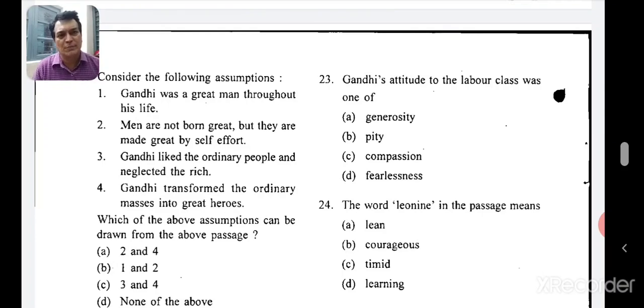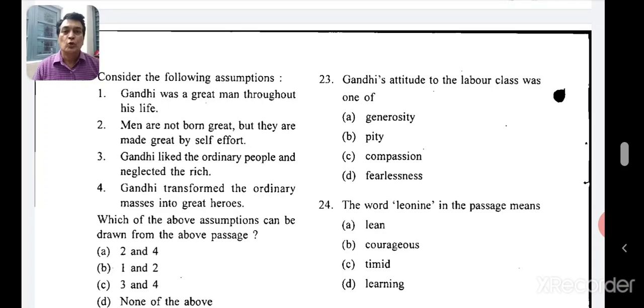Gandhi was a great man throughout his life. That doesn't sound correct. Men are not born great, but they are made great by self-effort. As you go on reading, you'll find that Gandhi was a self-made man. It is because of his effort he could become great. So men are not born great, but they are made great because of their effort.